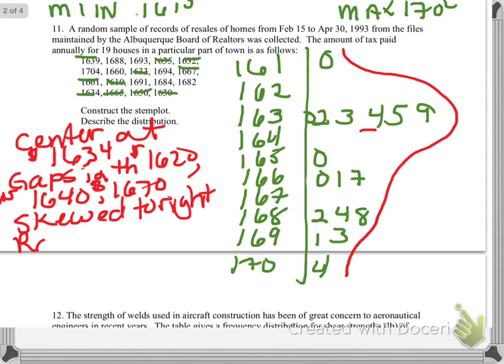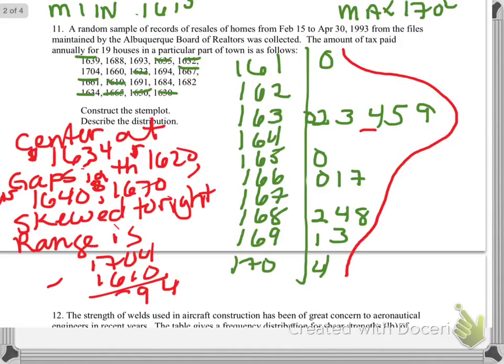And my range is 1704 minus 1610, which is $494. Okay.